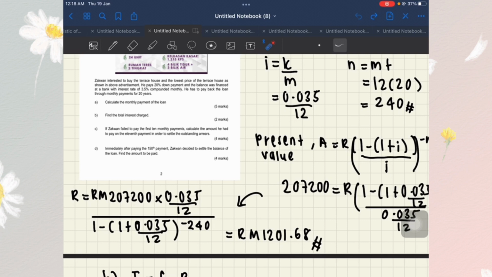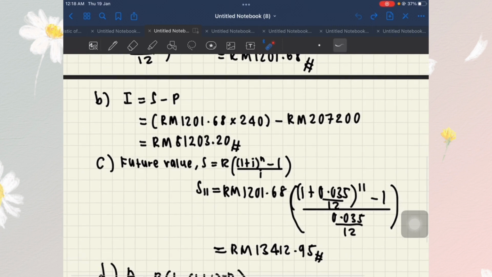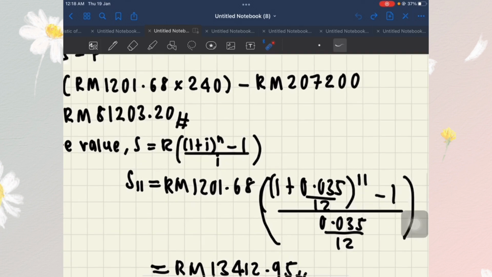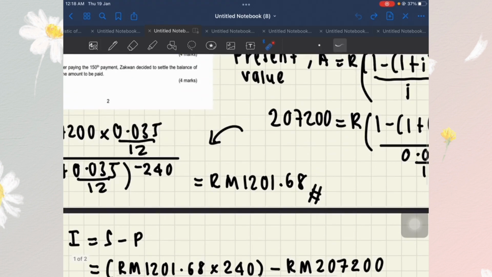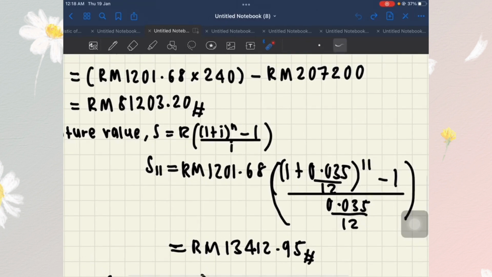After that, if Zakwan failed to pay the first 10 monthly payments, calculate the amount he had to pay on the 11th payment in order to settle the outstanding arrears. What we have to do here is to use the future value formula. It says here 11 payments, so we put it here as S11.